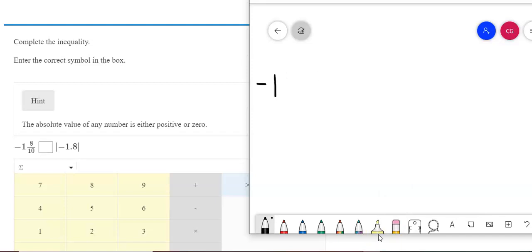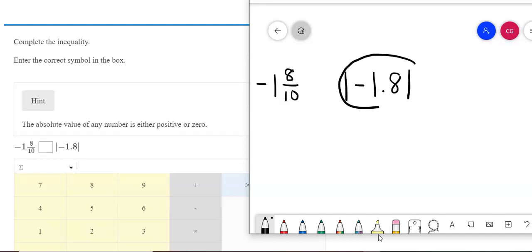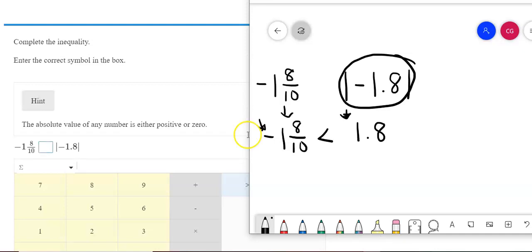We have -1 and 8/10, and the absolute value of -1.8. So before we can solve it, we have to solve this. The absolute value of -1.8 is 1.8. And I'm just going to bring this one straight down here. Okay, let's look at the signs. This is negative. No negative here. So -1 and 8/10 is less than.